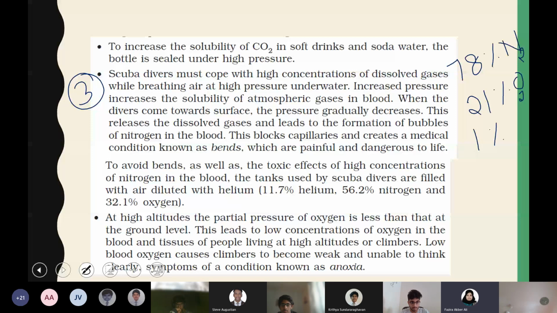So out of 100, 99% is nitrogen and oxygen alone. The remaining 1% is the mix of all the other gases. So the major component of air is nitrogen, then comes oxygen 21%, and all the other gases together reach 1%.